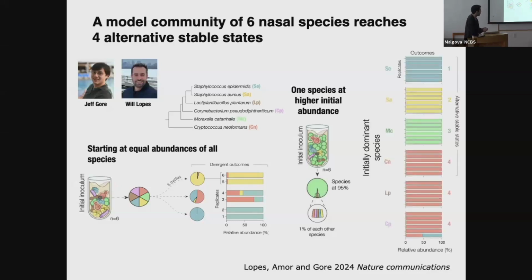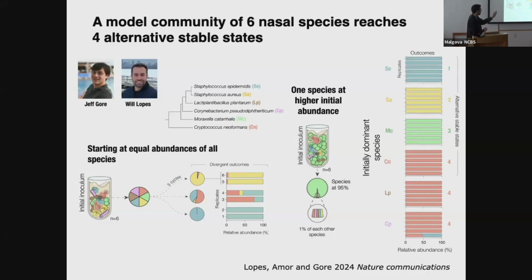Yes? Can you explain this first diagram again? This one, yes? Okay, so here we put the 6 species together at the same proportions. And then you do daily dilutions. They are growing on the resources, and interacting in the test tube, and every day we replenish the resources with these dilutions.